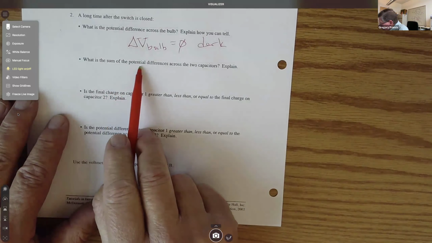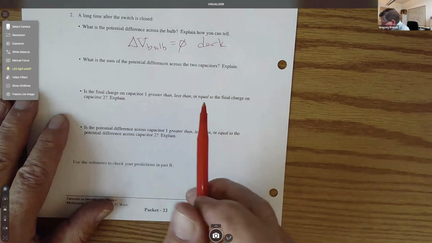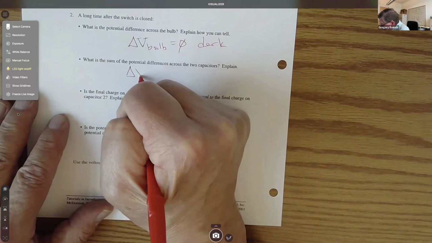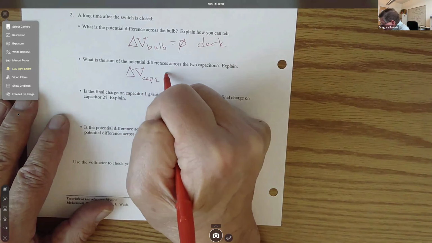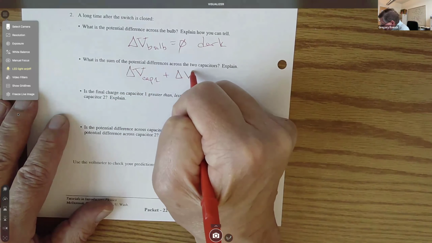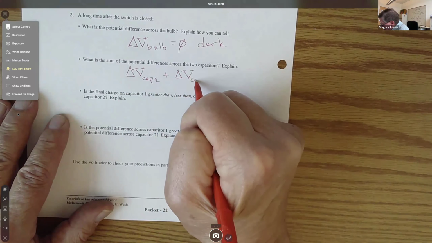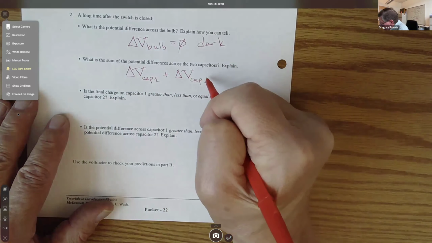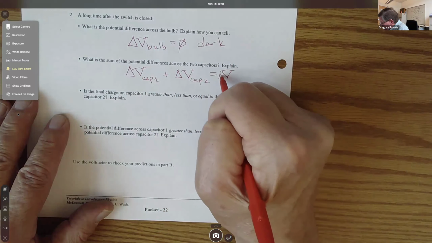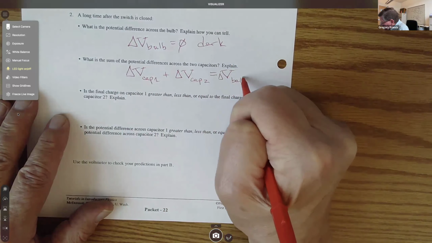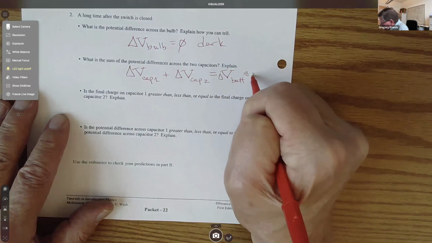What is the sum of the voltage differences across the two capacitors? Well, the voltage difference across capacitor 1 plus the voltage difference across the capacitor 2 has to add up to the voltage difference across the battery, which is around 3 volts.